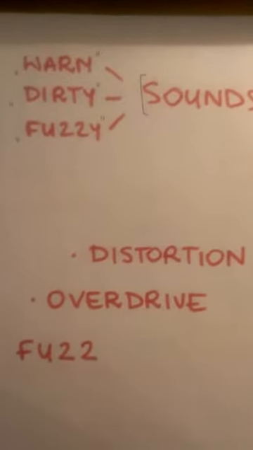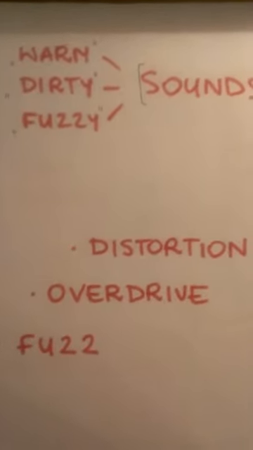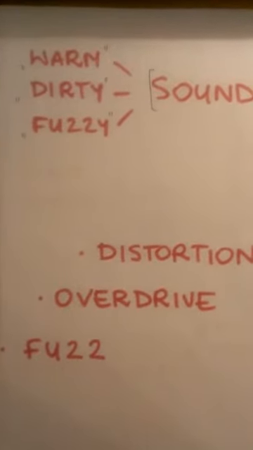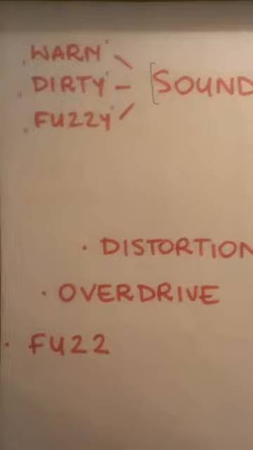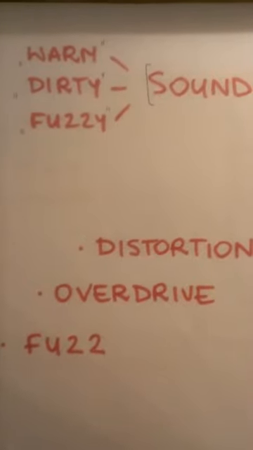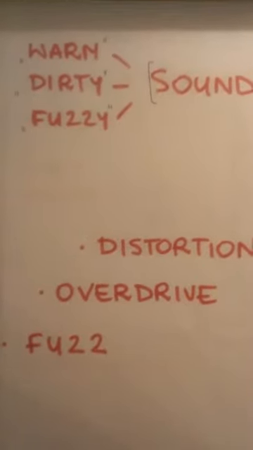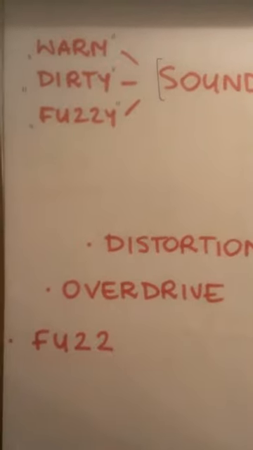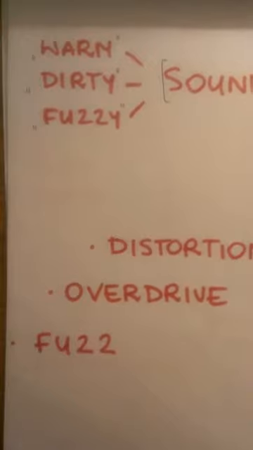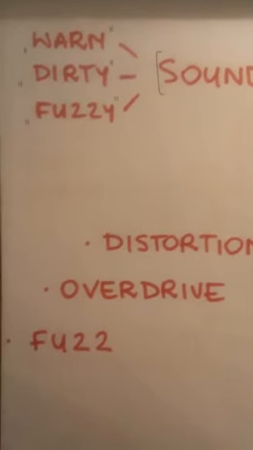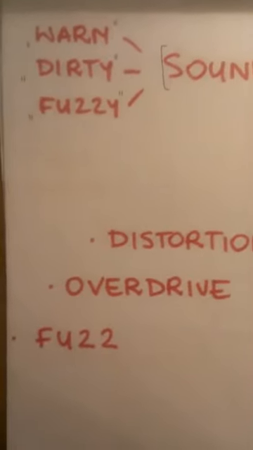The terms distortion, overdrive and fuzz are often used interchangeably, but they have subtle differences in meaning. Overdrive effects are the mildest of the three, producing warm overtones at quarter volumes and harsh distortion as gain is increased.